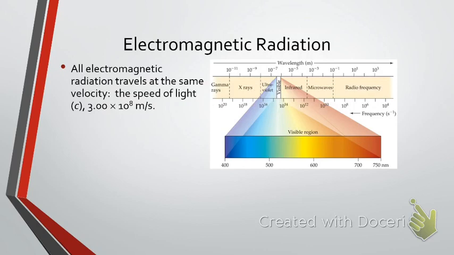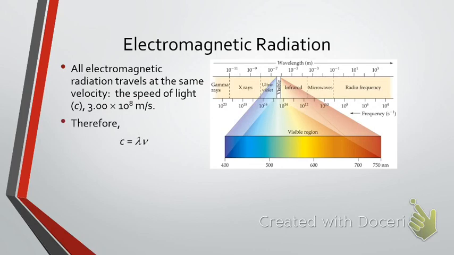I've already mentioned this term, electromagnetic radiation. And so all electromagnetic radiation can travel at the speed of light, which speed of light in a vacuum is roughly 3.00 times 10 to the power 8 meters per second. And that's a constant, and that's given the letter c. Now, since wavelength and frequency are inversely proportional, they always have to equal c. And so we get this equation of c is equal to lambda times nu.